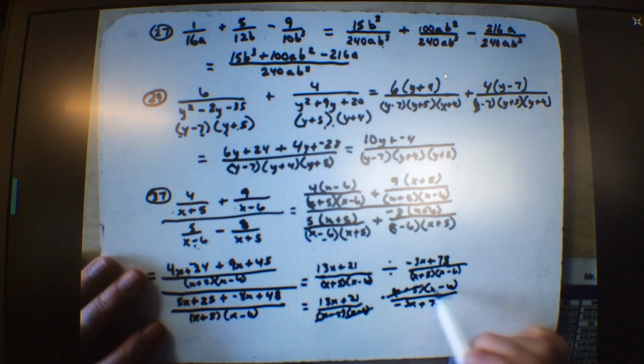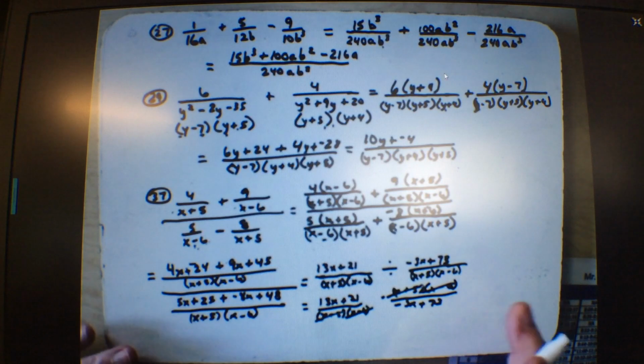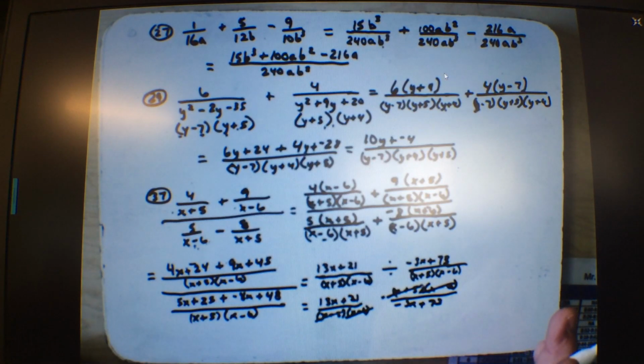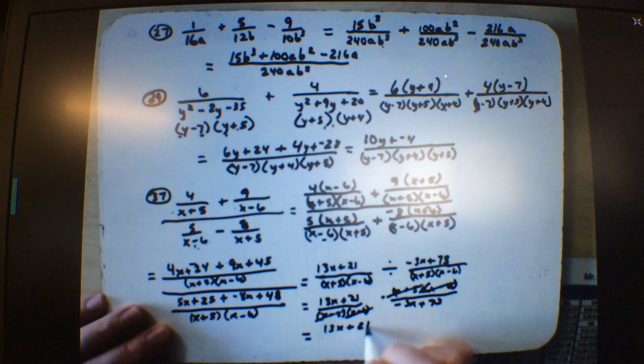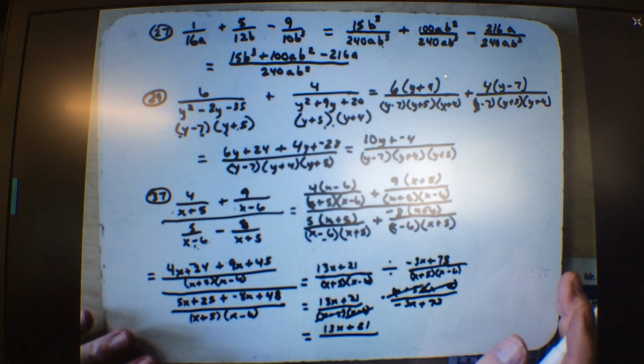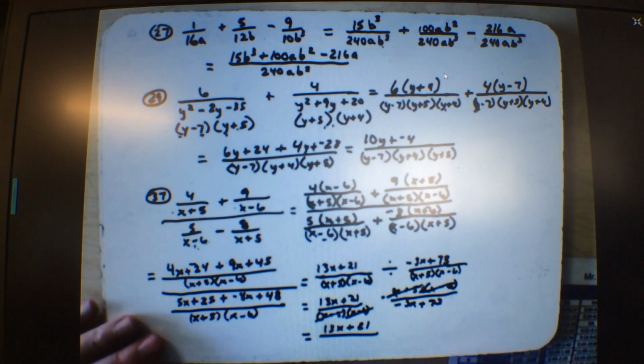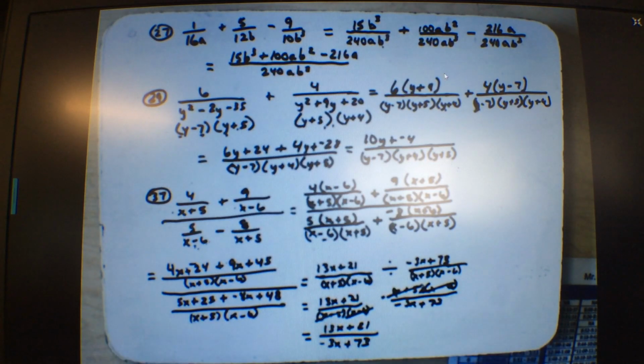So now you're left with 13x plus 21 over negative 3x plus 73. And that's your answer.